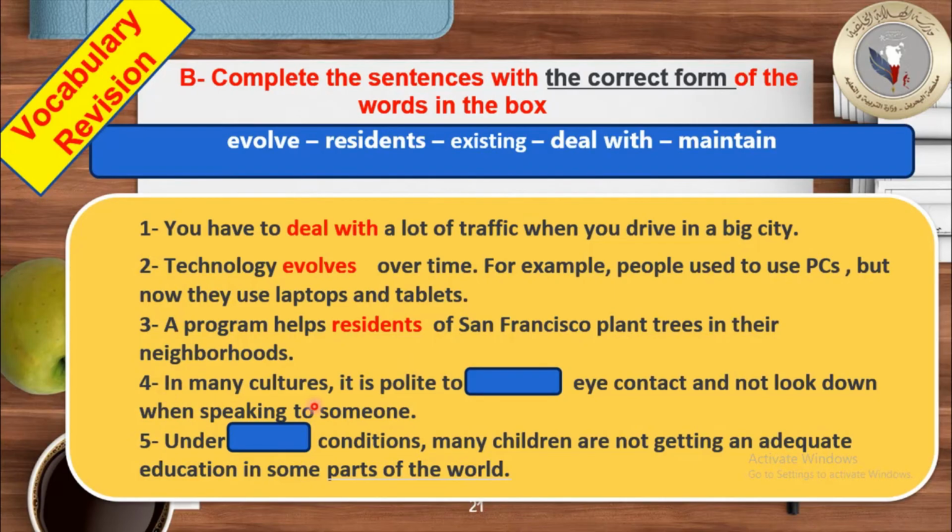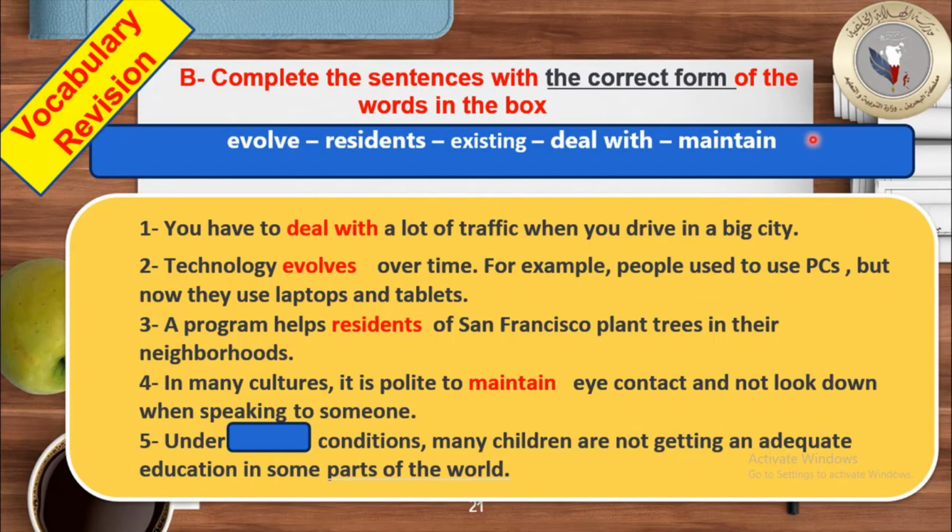Number four, in many cultures, it's polite to space eye contact and not look down when speaking to someone. Look here at this sentence and compare it to the previous one in the multiple choice exercise. In many cultures, it's polite to space eye contact and not look down. So of course it would be maintain eye contact.